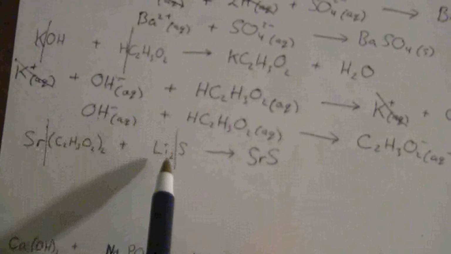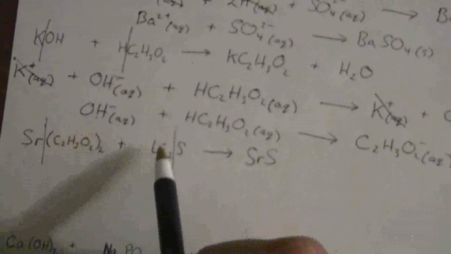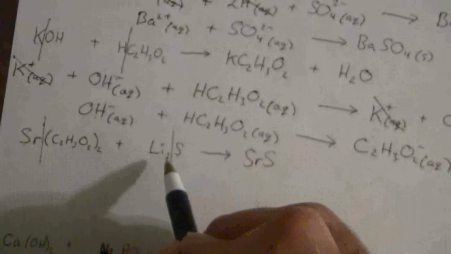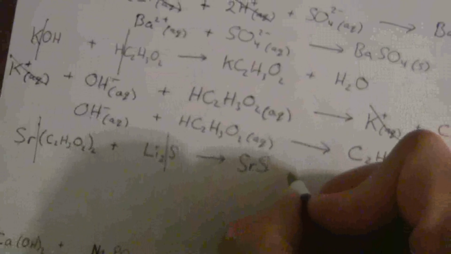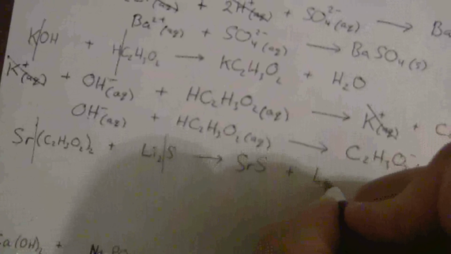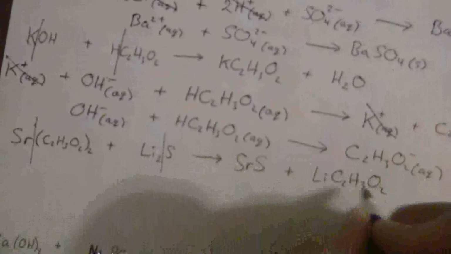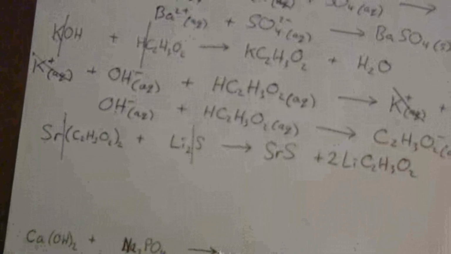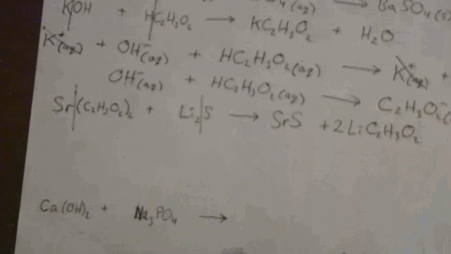And we have lithium with the acetate, +1, -1. Remember, we're not using these coefficients. That's when it was with the sulfide or with the strontium. We're using it when lithium is with the acetate. It goes together 1 to 1 there, but we need to balance it, and that's where that 2 comes in. Now we have our balanced equation.